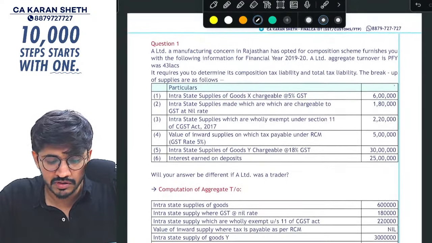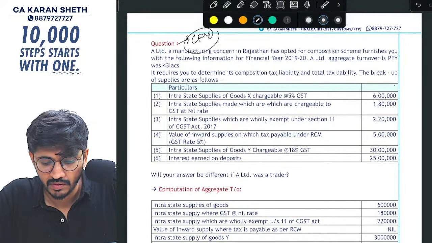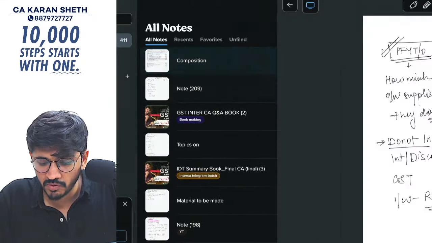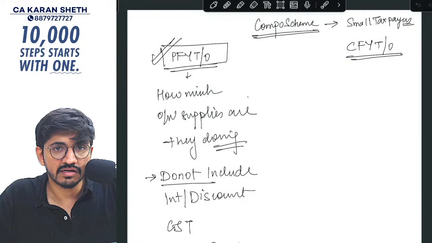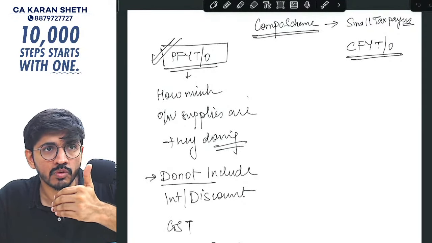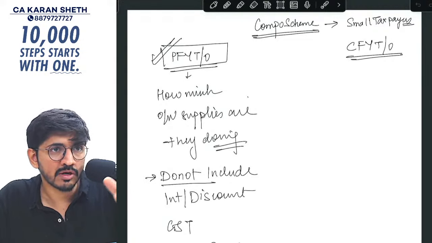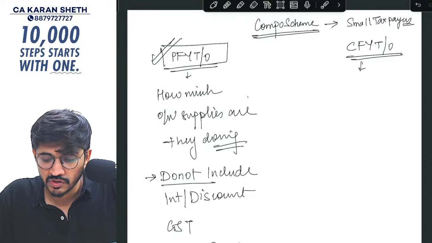And now here we speak about the data of the current financial year. Now here I want to talk about something very interesting, guys. In the current financial year, understand the reason why we need to know what needs to be included and what not is very simple, because this year you have already taken the compo scheme.